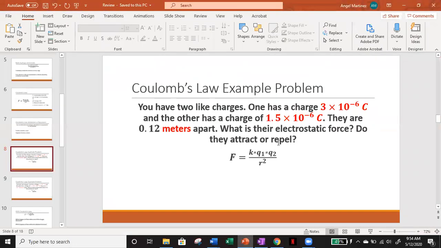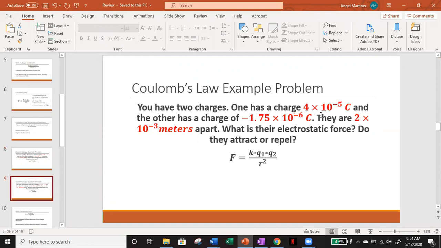All right. They are, like I said, 4 times 10 to the negative 5 coulombs and negative 1.75 times 10 to the negative 6 coulombs, and they are 2 times 10 to the negative 3 meters apart. What is their force and do they attract or repel? We can actually answer the last question right away. This is negative, this is positive, so they're opposite signs.